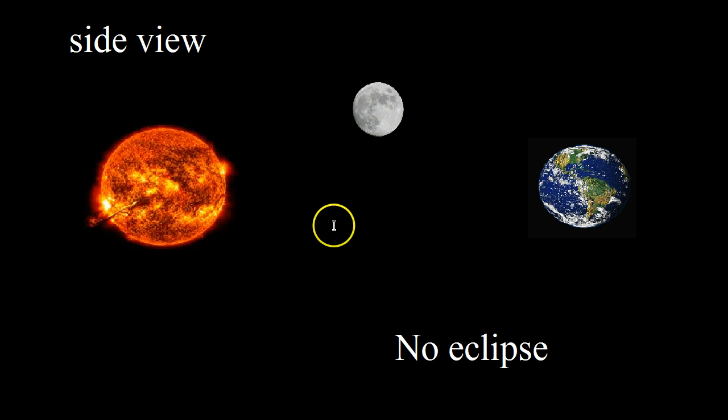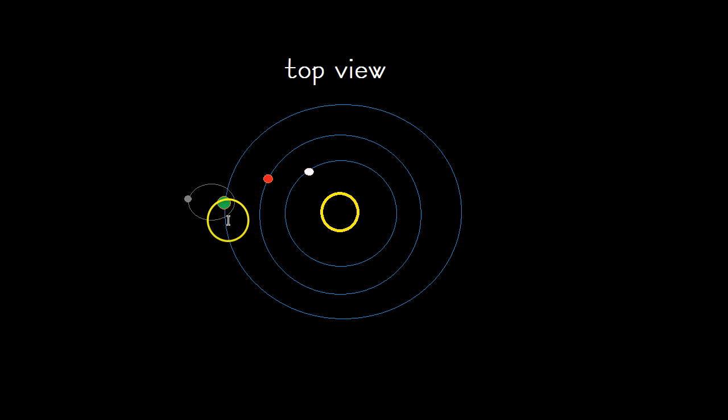And this is the reason why these three bodies are not aligned together. Every month, every time the Moon passes between the Earth and the Sun, it's not exactly in line. And there is a name for this.